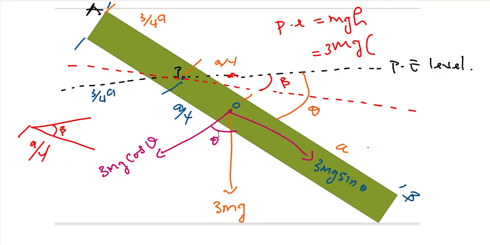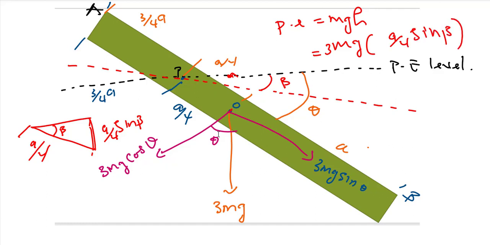So we can form an equivalent right angle. Now we see that this side will simply be a/4 sine beta. Okay, so it means the initial potential energy will be 3mg times a/(4 sine beta).